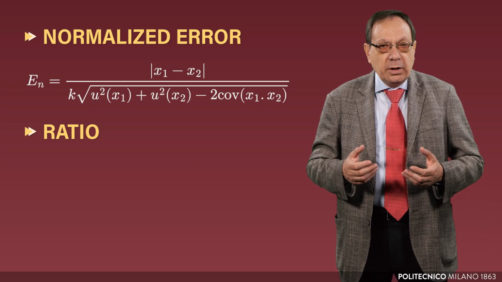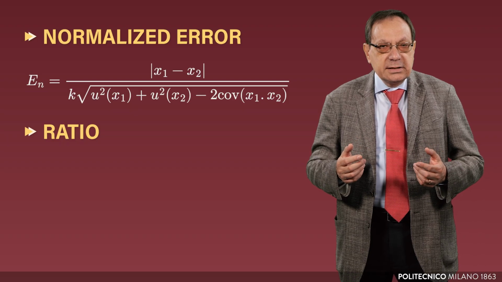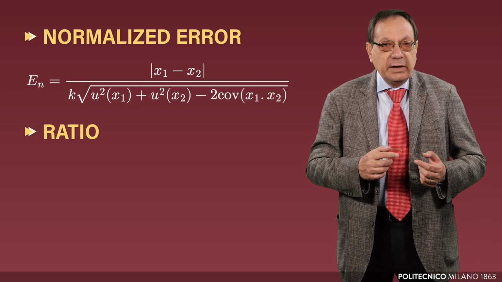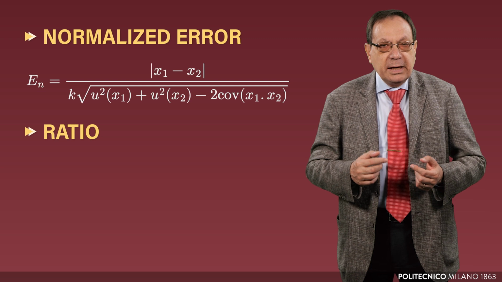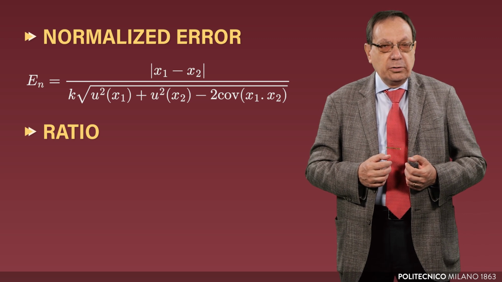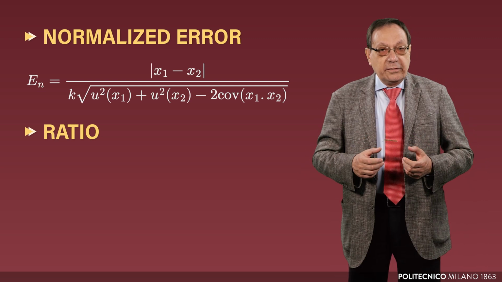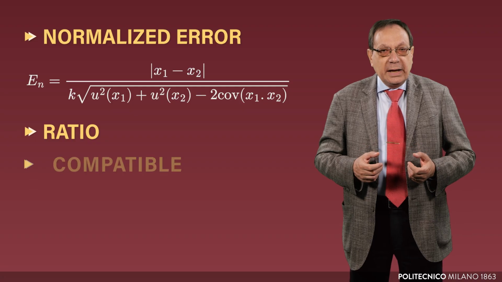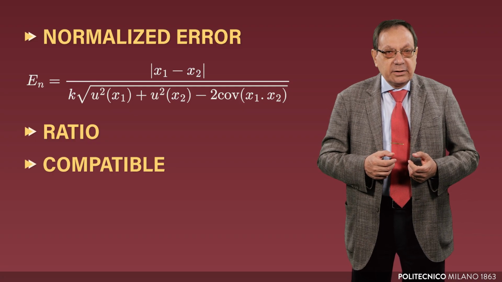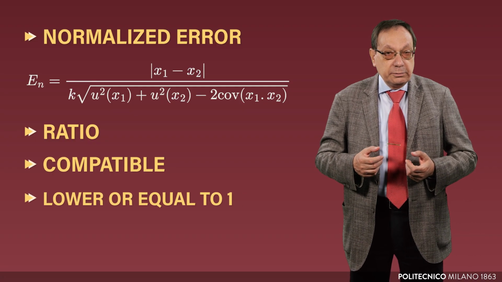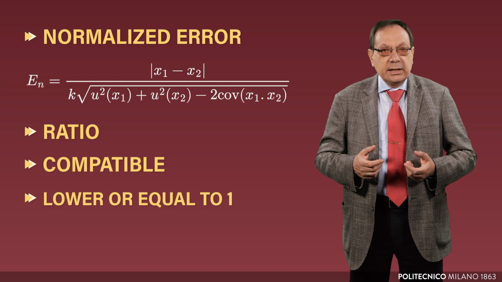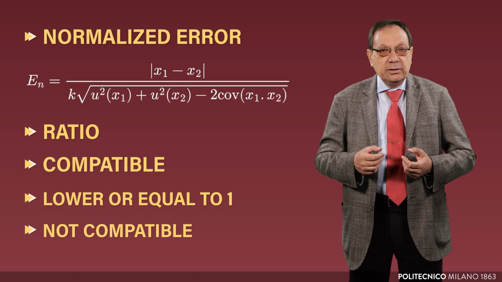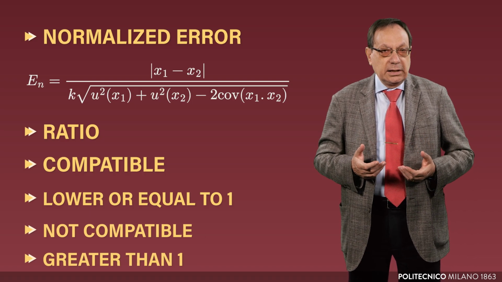It is nothing more than the ratio between the two sides of the inequality we have seen so far to mathematically express metrological compatibility. Therefore, two measurement results are compatible if the normalized error is lower than or at most equal to 1, whereas they are not compatible if the normalized error is greater than 1.